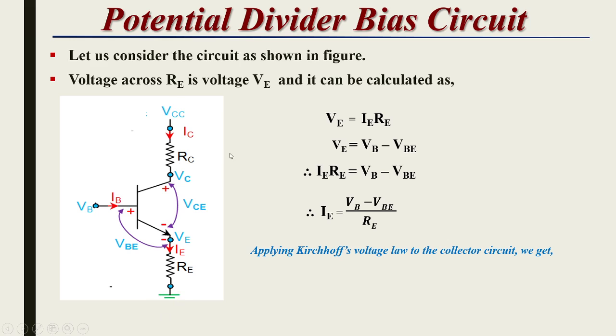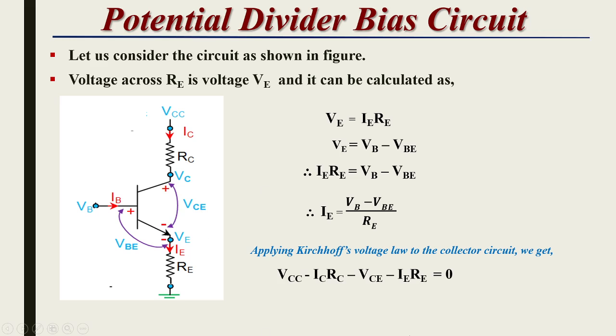After application of KVL, we can say that VCC is the potential rise, and across the resistor, the transistor and the resistor RE there is a voltage drop. So we can write VCC minus ICRC minus VCE minus IERE equal to 0.